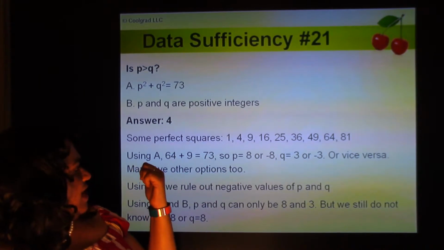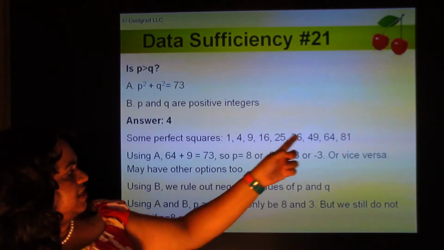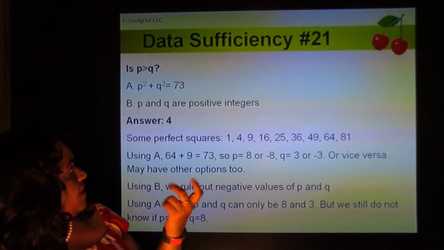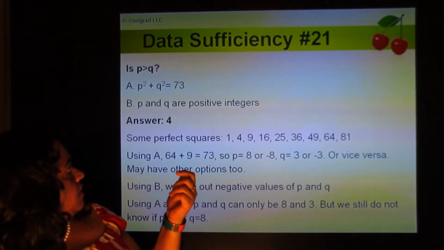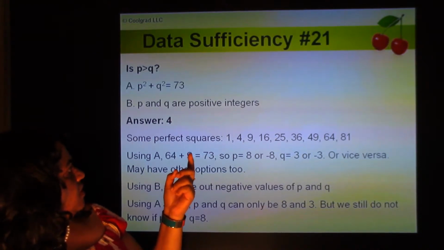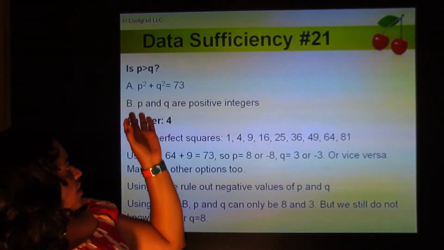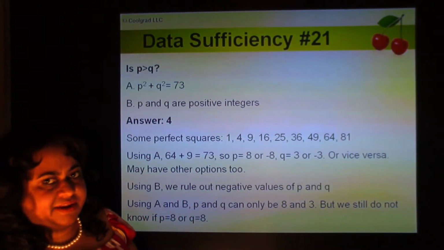So using statement A alone, 64 plus 9. So P square plus Q square is 73. We don't know if they are integers, and statement B alone doesn't mean anything.